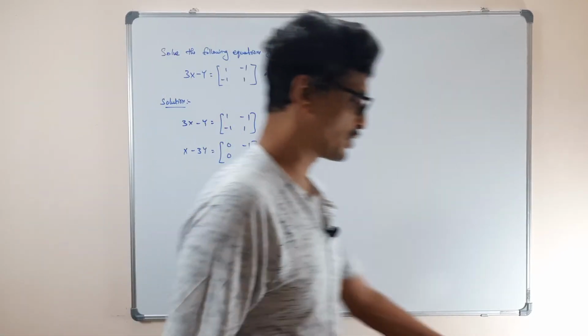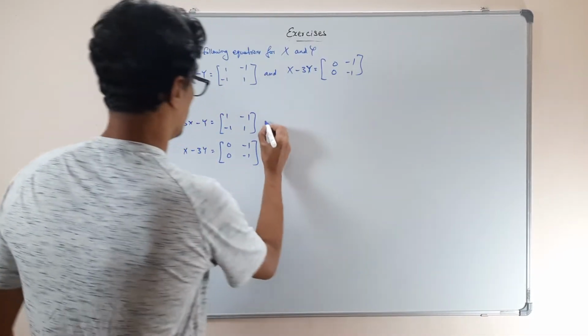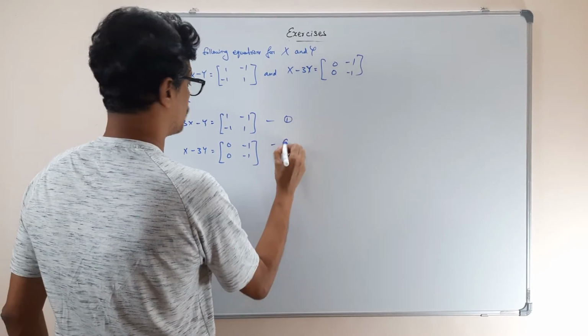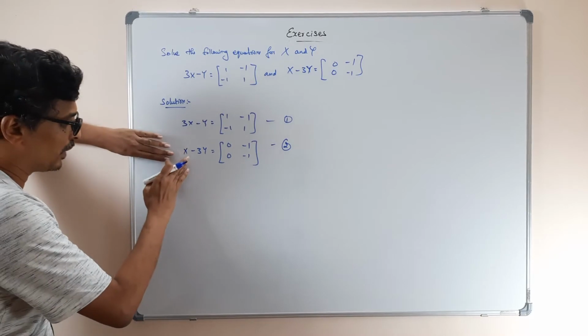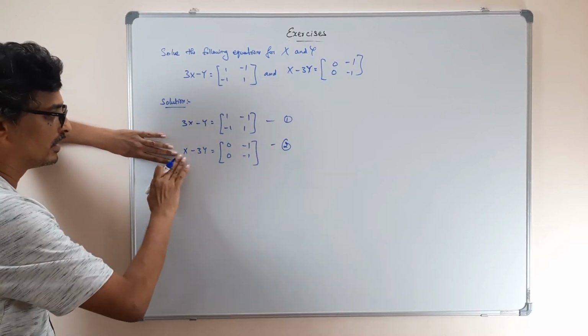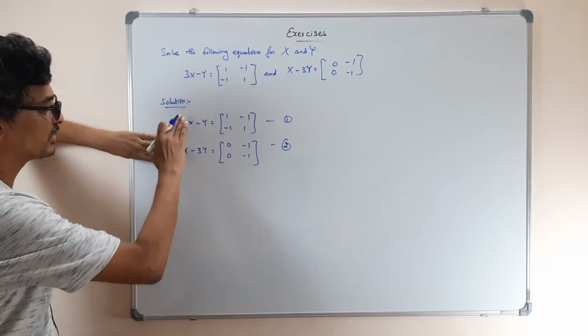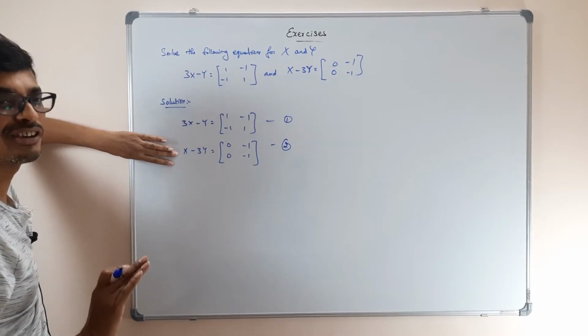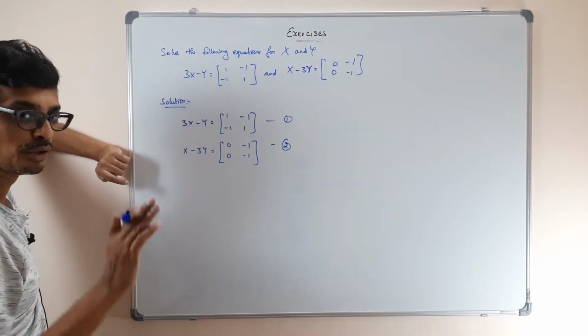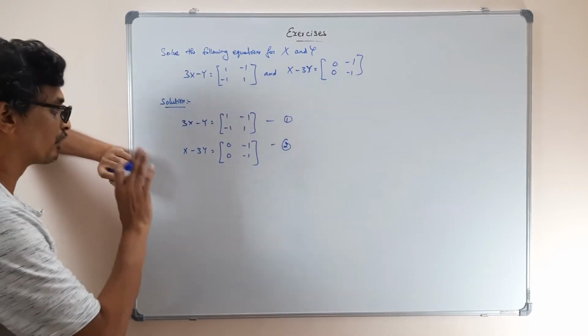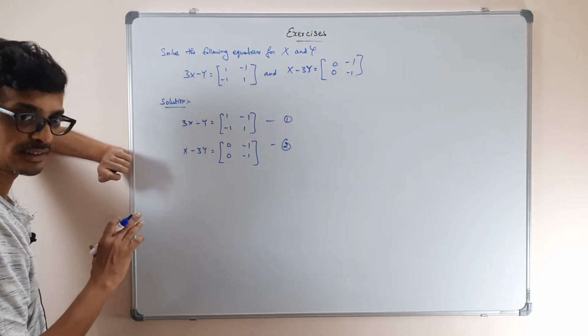Let me call the first equation 1 and the second equation 2. If I multiply the second with 3 and subtract, that's what we call the elimination method. We will use the elimination method you learned in your 10th standard, and apply it only for the matrices.